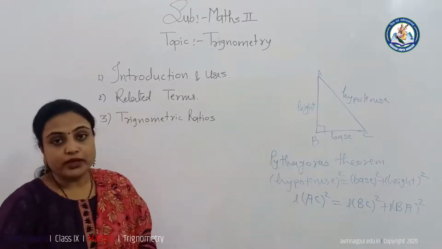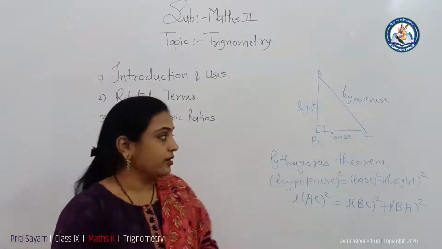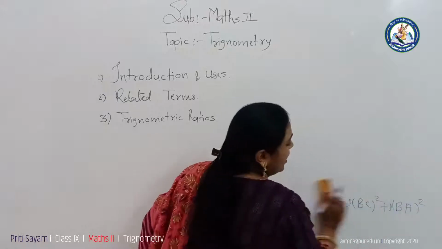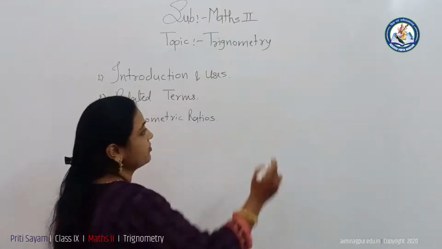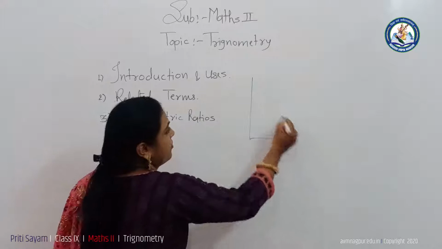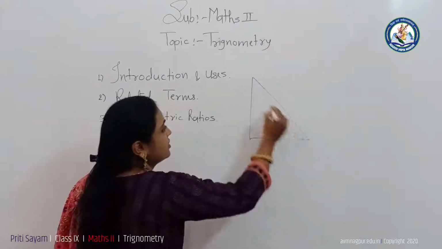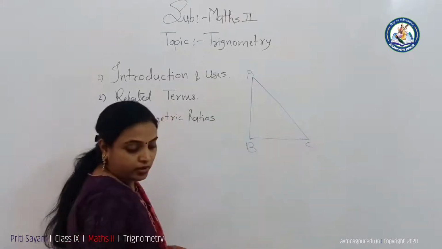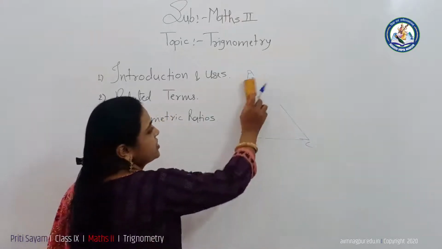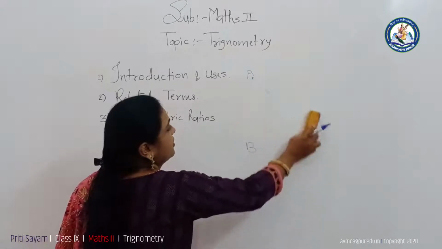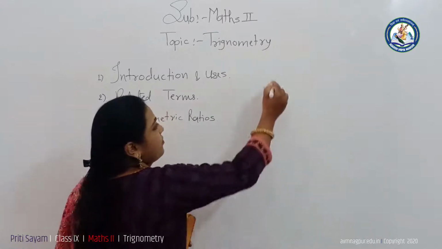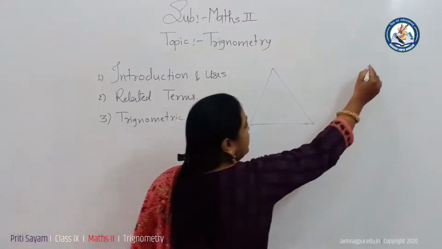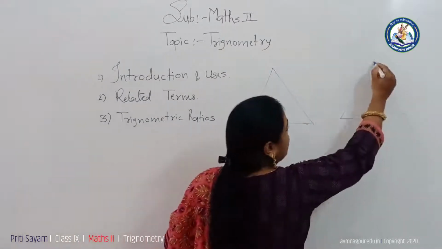Now our third point is similar triangles. Suppose we draw two triangles: one triangle is ABC, and instead of a right angle triangle, we take an acute angle triangle like this, and another triangle PQR.